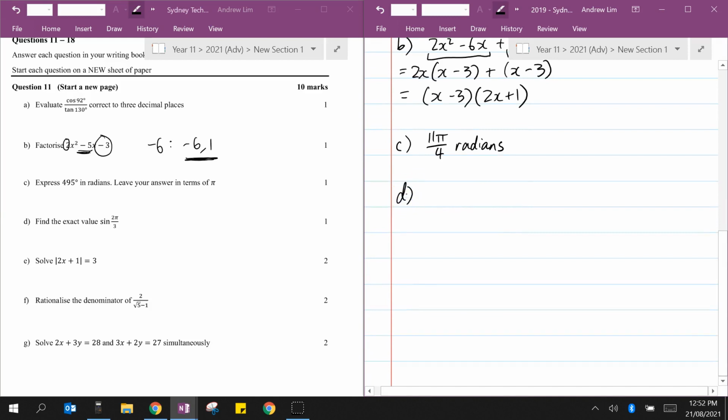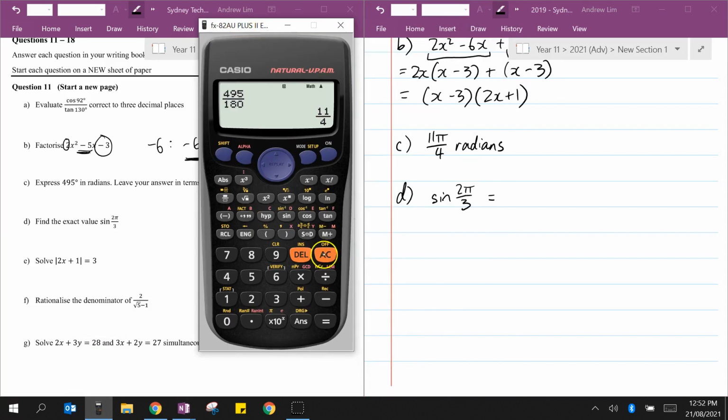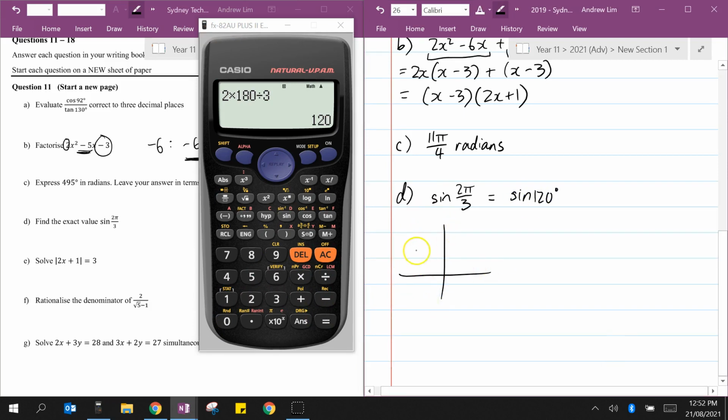Question D. Find the exact value of sine 2 pi over 3. I like to convert this to degrees. So 2 times 180 over 3 is 120. So technically we're doing sine of 120 degrees. Sine of 120 degrees means that this has to be 60.